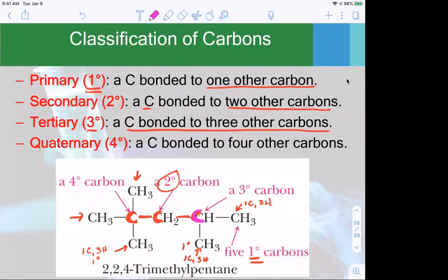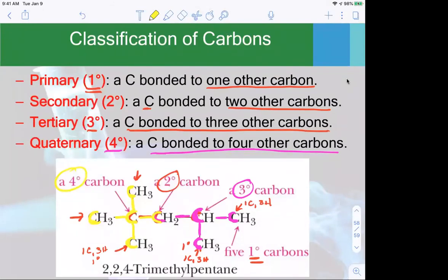If I look at this carbon, I have 1 carbon, 2 carbon, 3 carbon. So that would be a tertiary carbon. And then quaternary, a carbon bonded to 4 other carbons. I'll use another color. If I look at this, I have 1 carbon, 2 carbon, 3 carbon, 4 carbon. So this is a quaternary carbon.